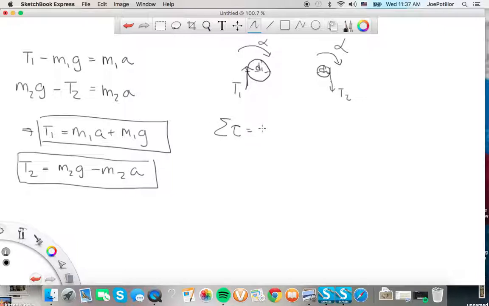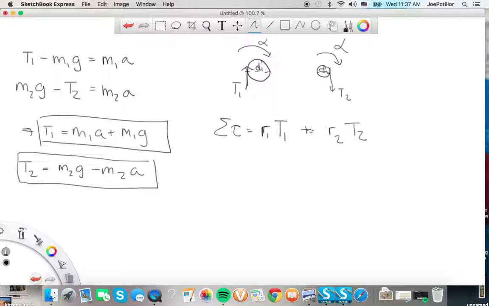So now we have R1 times tension 1 plus R2 times tension 2. Okay. So far, everybody with me? And this will actually end up being the sum of the moments of inertia here. Okay. R in this problem is not given, true?